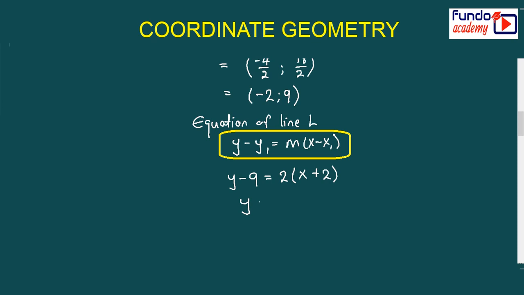So we get y minus 9 is equal to 2x plus 4. Then y is equal to 2x plus 13. And that's our final solution. That's the equation of the perpendicular bisector of the line joining the 2 points.